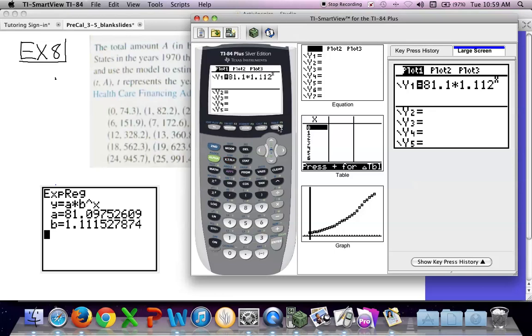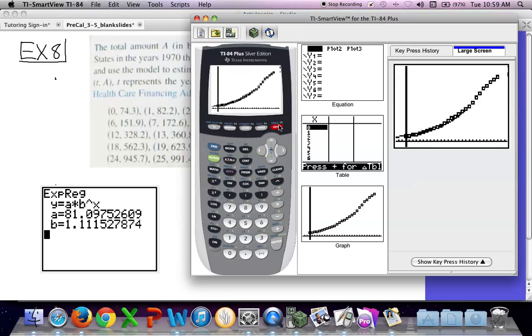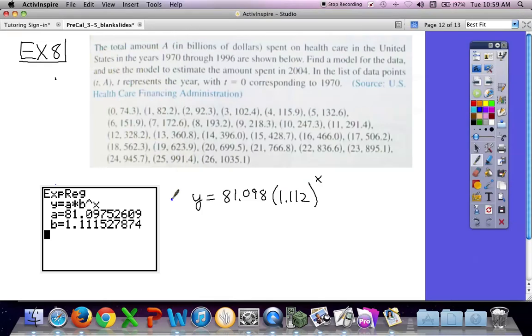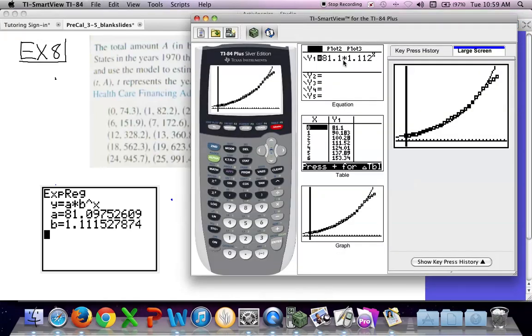And now if I look at the graph, you should see the line does go right through it. This is just showing a multiplication. You could use parentheses, or you could just show a multiplication like that. It doesn't matter. But you could see that it looks like we've modeled the data that's there.